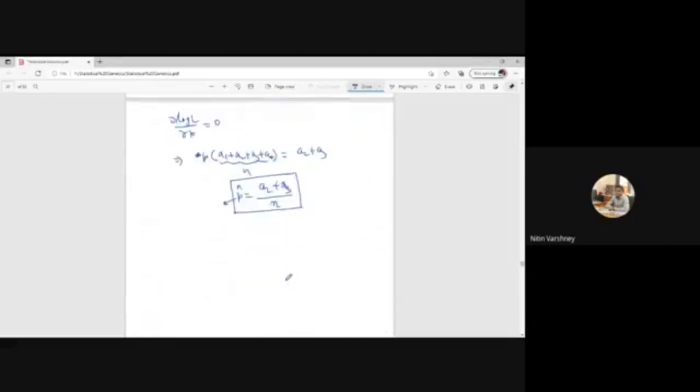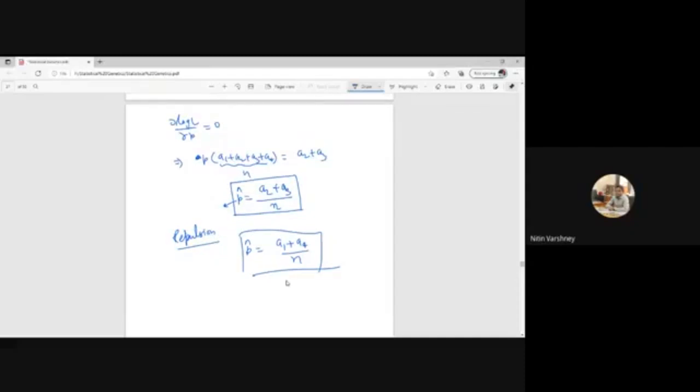So this we can remember: p is (a2 plus a3) by n. Now if I want it for the repulsion case, what will it come to? It will come a1 plus a4 divided by n, because in repulsion a1 and a4 are the recombinants. Just check it if you want to try. Okay, did you understand? Is there any doubt in this?